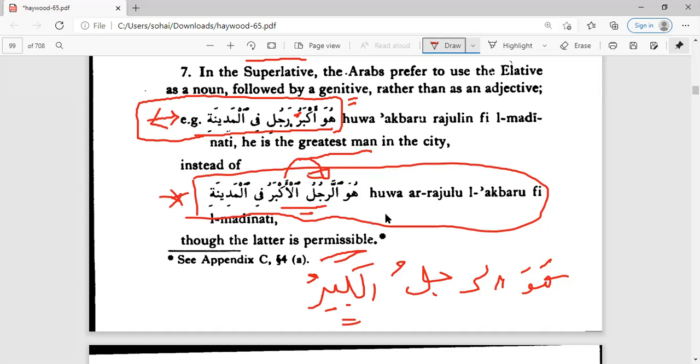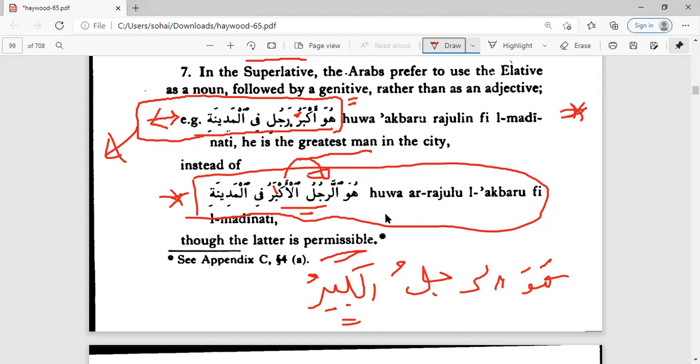What the author is saying is that instead of writing the superlative, you could possibly write a noun and adjective: ar-rajulu as the noun, and the greatest, al-akbaru, as the adjective. But that's not the normal way of doing it. The normal way is this.